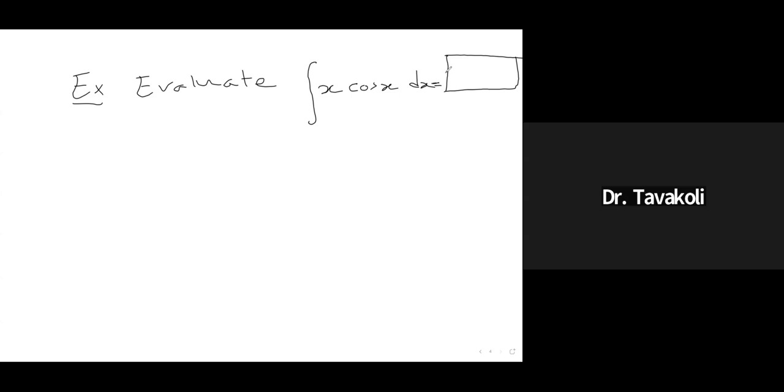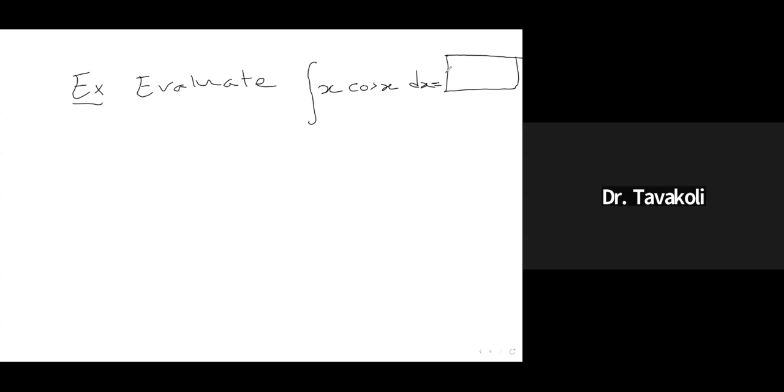In Calc 1, you haven't seen any integral like this, x times cosine. You have seen the integral of cosine of x or cosine of something times x, or maybe things that you can do with substitution, but not this one. This one cannot be done using substitution methods.